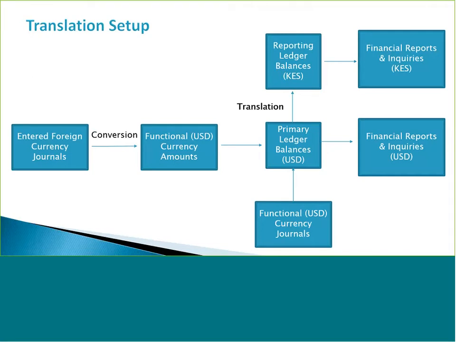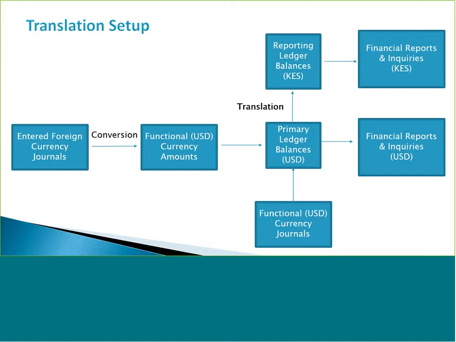So just as a refresher, we already know what the process of translation or balances level reporting currencies involves. It means that at the end of the month, we convert our balances, which are stored in our primary ledger in functional currency.